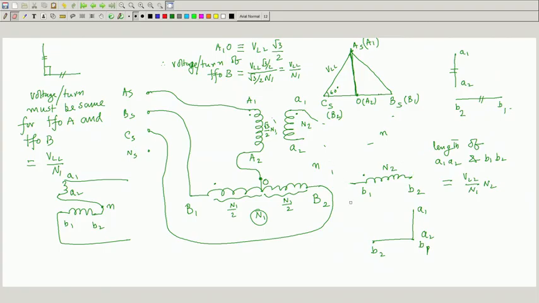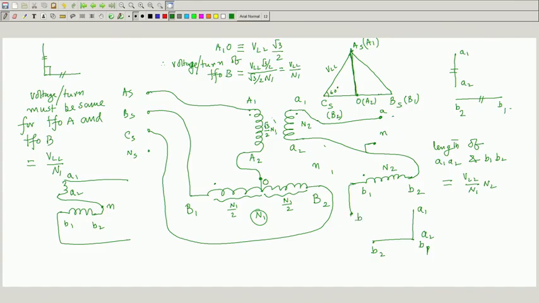So, what I am telling is, this is B1 B2 I have drawn, these are the voltage phasors like this. So, what I will do now is join A2 and B2 together and call this my neutral, and I will take output from this as A phase and from this for B phase.